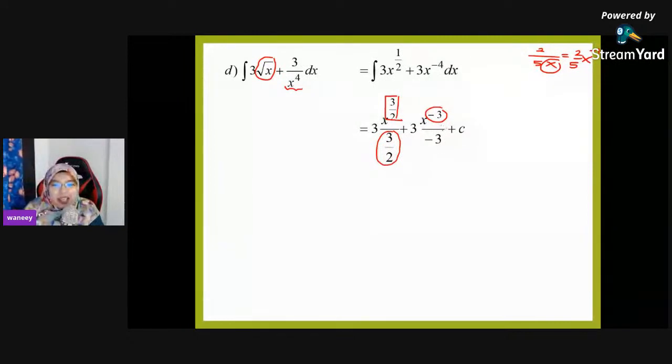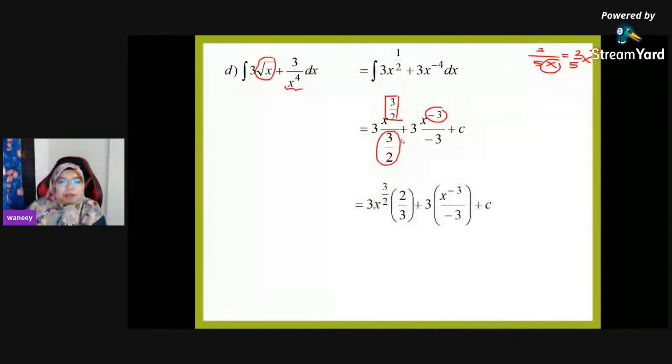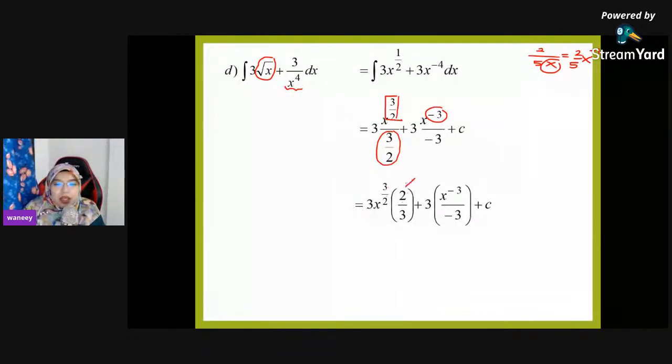So negative 3 x to the power of negative 3 over negative 3 plus C, and then we can simplify them. So we have 3 over 2 at bottom, so I'm going to take the reciprocal for that. So it will become 3x to the power of 3 over 2 times 2 over 3 plus 3 x to the power of negative 3 over negative 3 plus C, and then we're going to simplify them. 3 and 3 will be cancelled out.